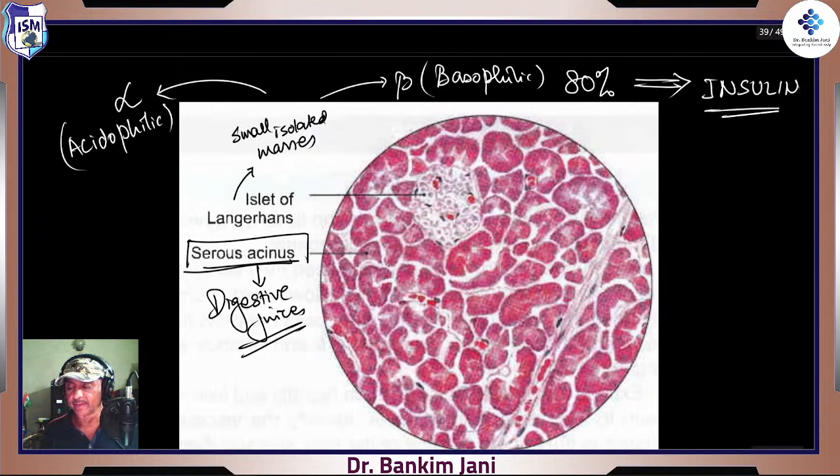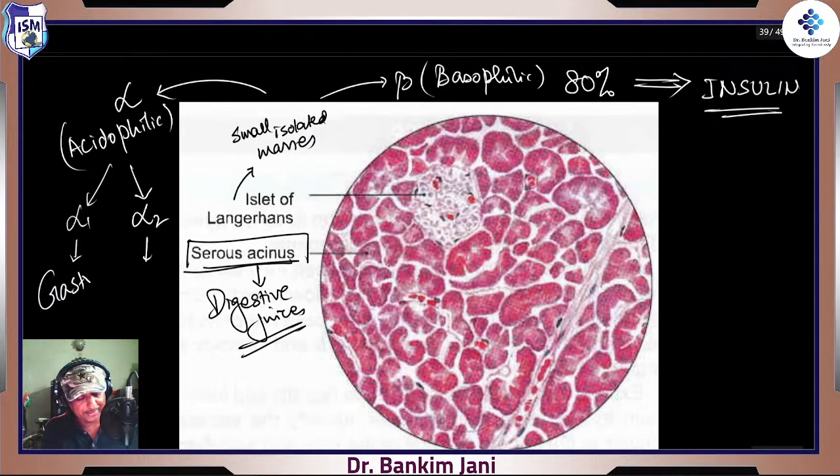Okay, done. Alpha, acidophilic. Well, they are not as cooperative as beta, right? They want to make things a bit complex. So that's why there are two types, alpha 1 and alpha 2, or A1, A2, either way. Alpha 1 releases gastrin.